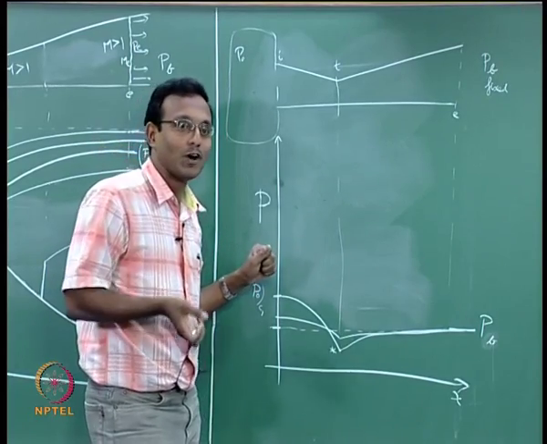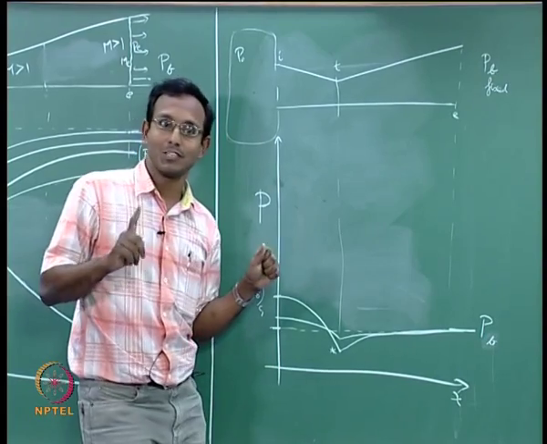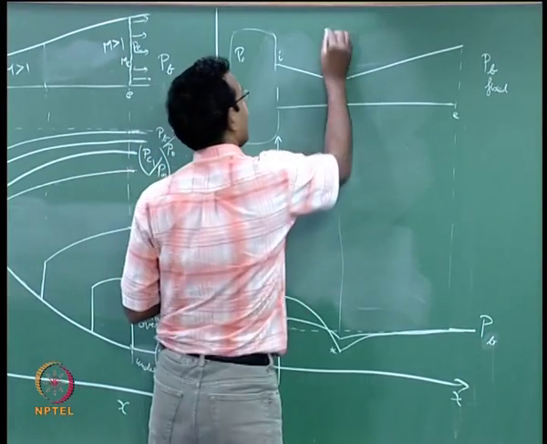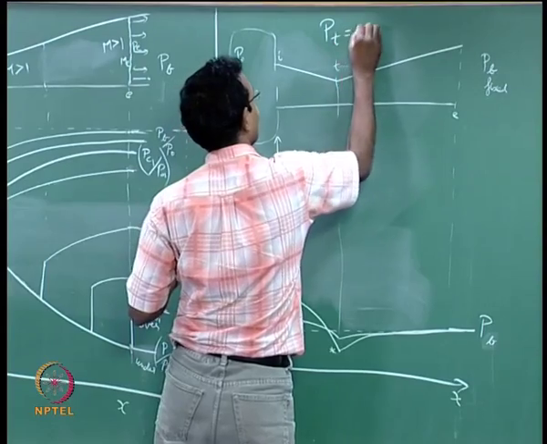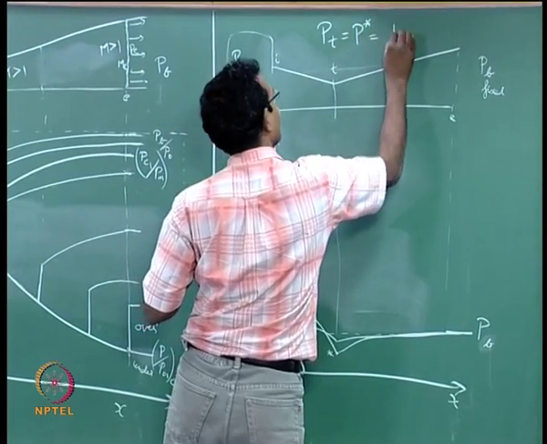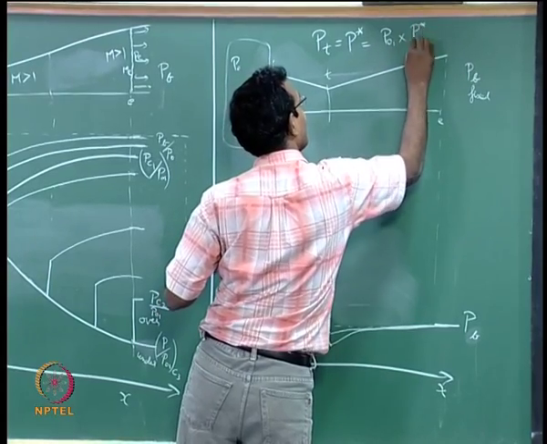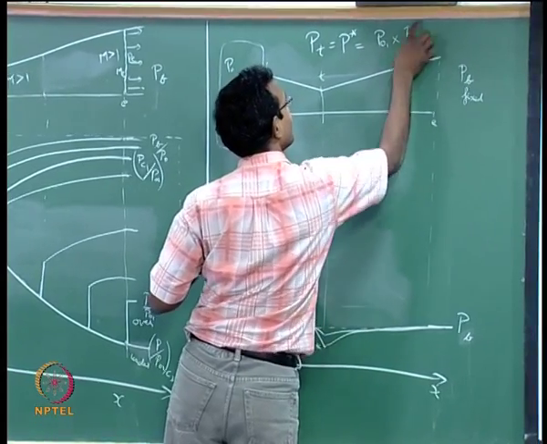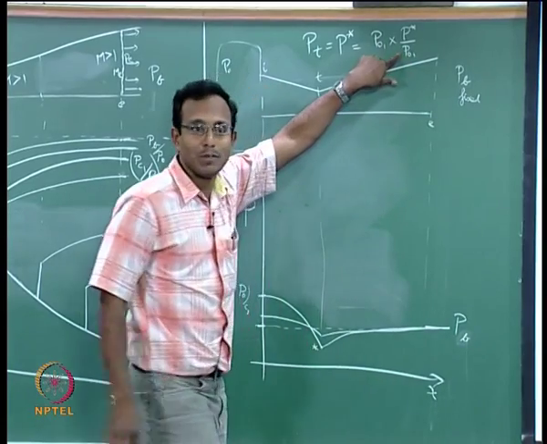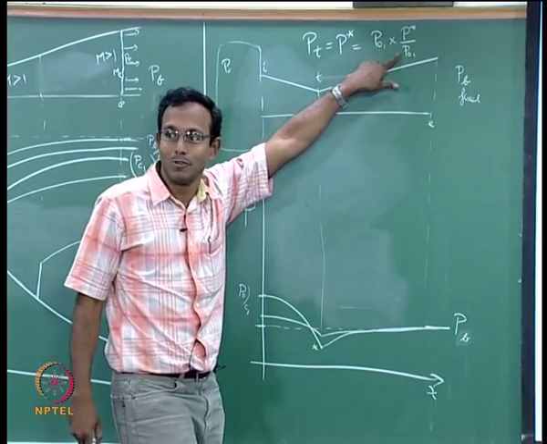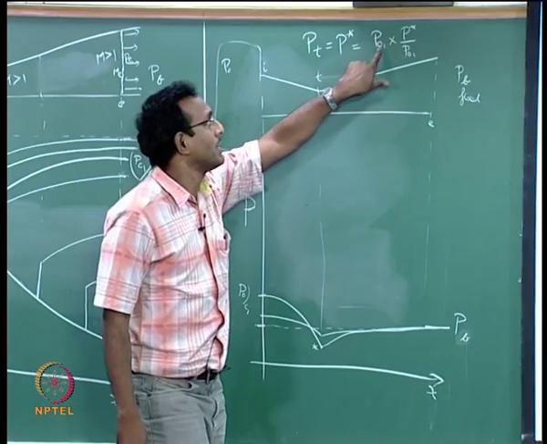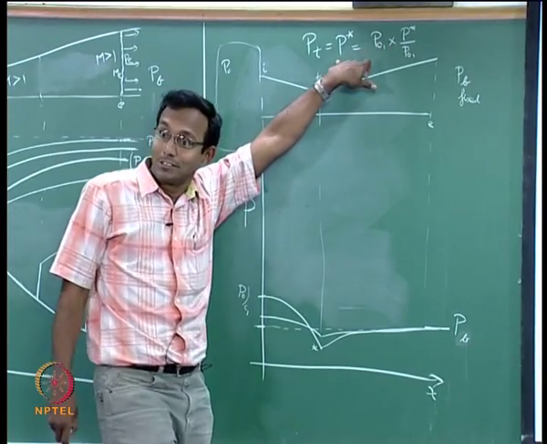I am increasing P naught, so P star should increase. Why? P at throat is equal to P star, which is equal to P naught 1 into P star by P naught 1. We know that this is a constant. This happens to be your 0.528 for gamma equal to 1.4. That multiplied by P naught 1. So, P star should increase.